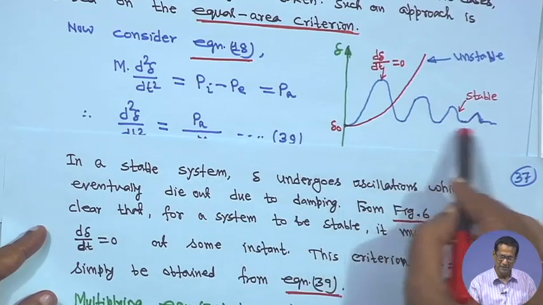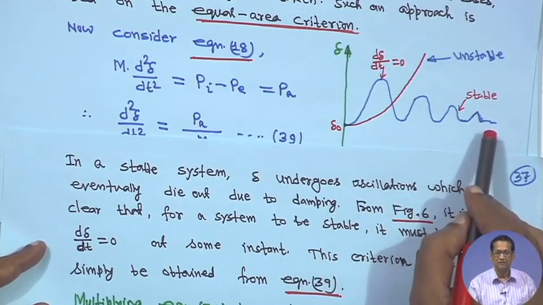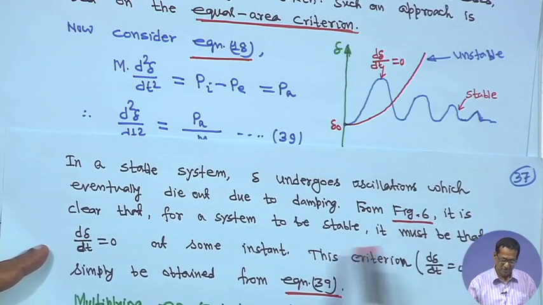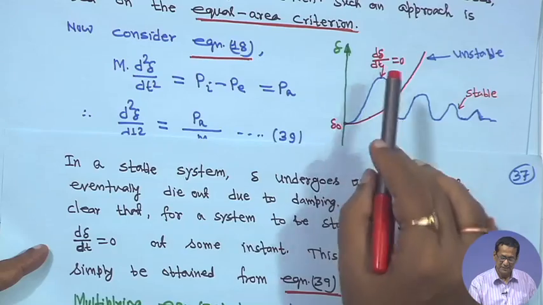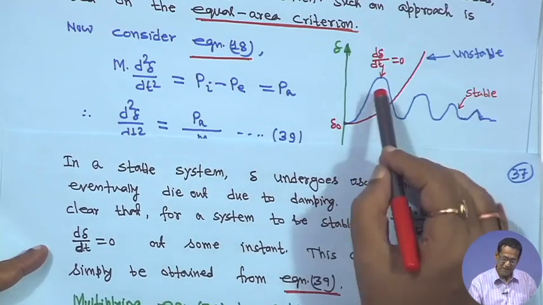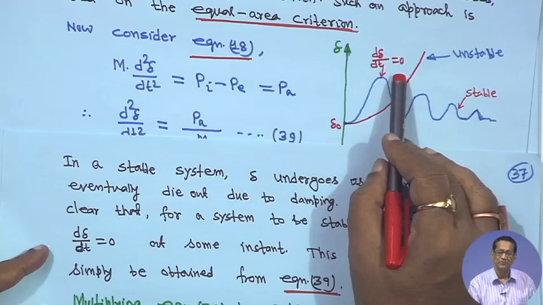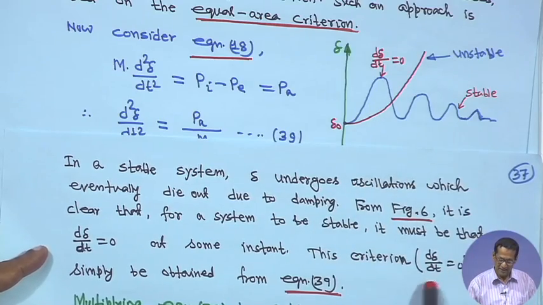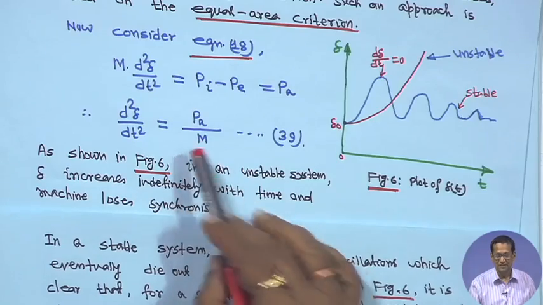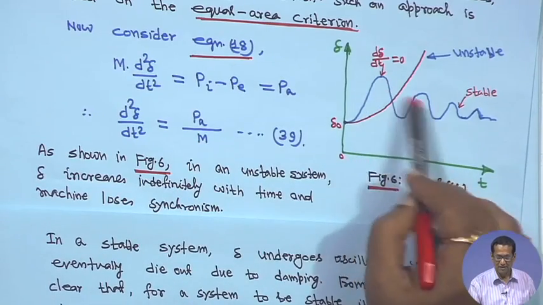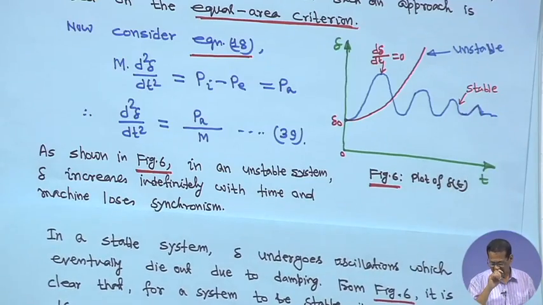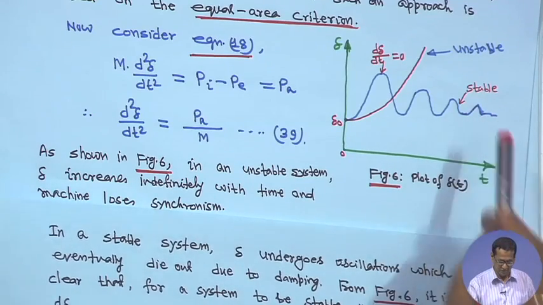So, it will go like this and finally the oscillation will die out due to damping. From this it is clear that for a stable system, at some point d delta by dt has to be 0. This criterion can simply be obtained from equation 39. If d delta by dt is 0, then system will become stable. It will oscillate and finally the oscillation will die out.